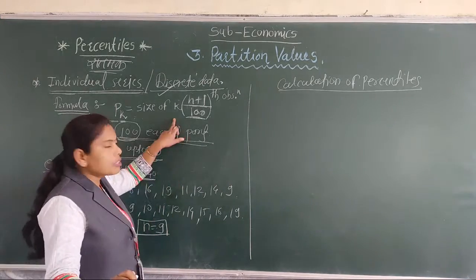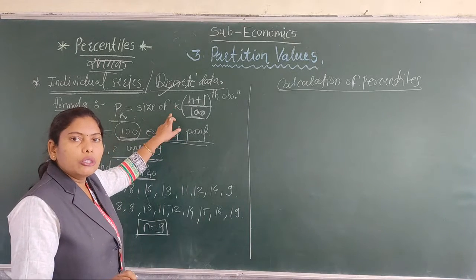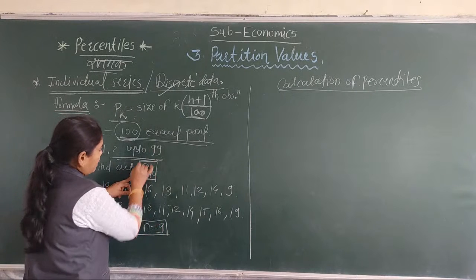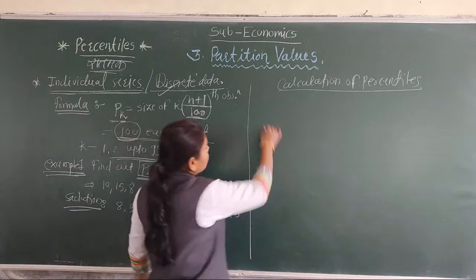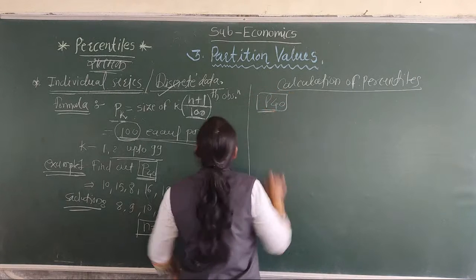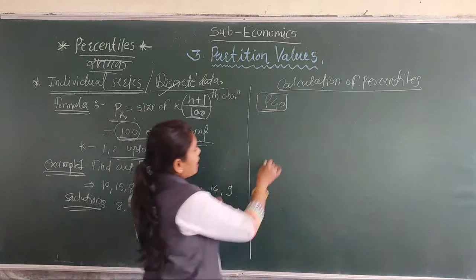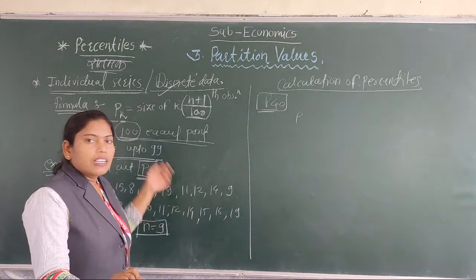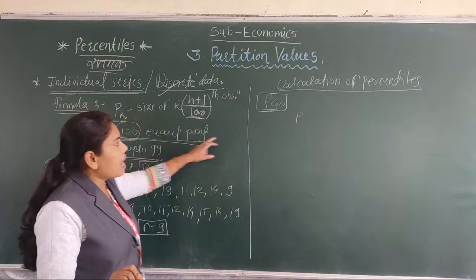Then use this formula and calculate P40. For calculation of P40, use this formula: P_K, replace K by 40.